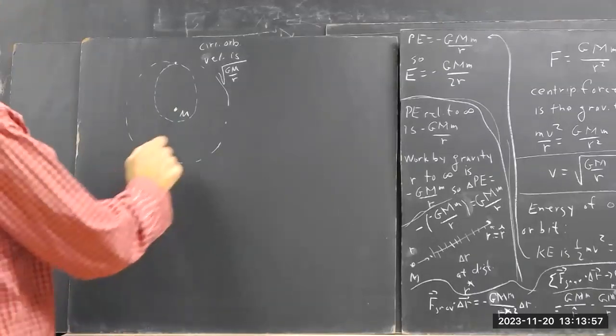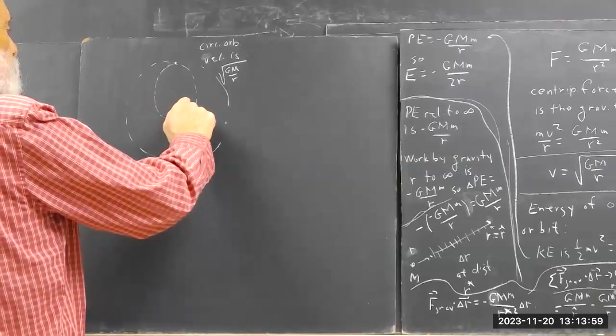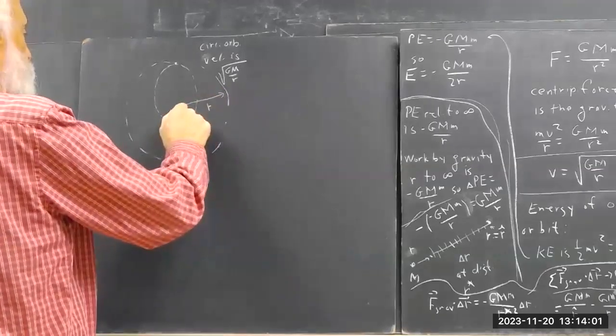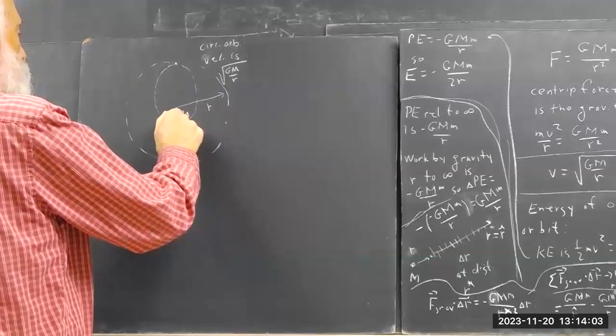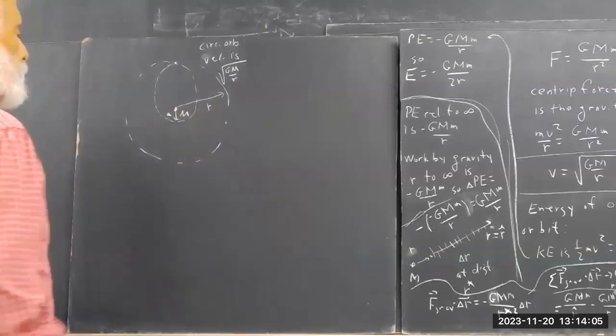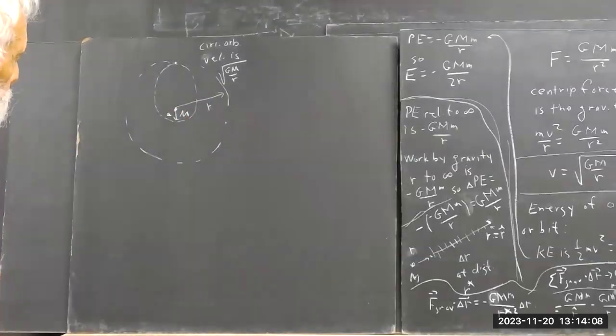And this radius is R. This distance is going to be A.